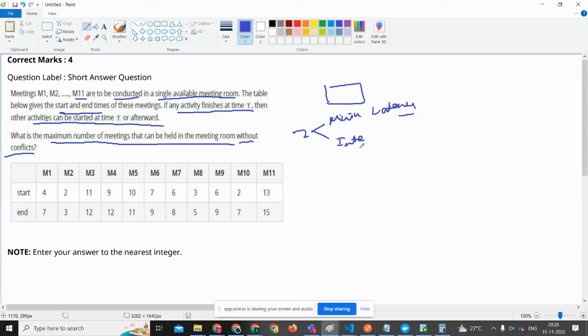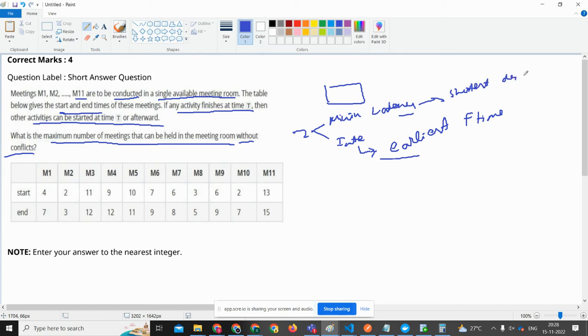For interval scheduling, what did we do? We chose the one which has the earliest finishing time. For minimizing lateness, we chose the one with the shortest deadline.